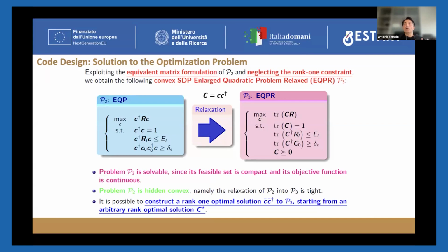This means that our original problem is hidden convex. Namely, it is equivalent to a convex optimization problem. The proof of this claim requires the use of some specific rank 1 matrix decomposition tools.